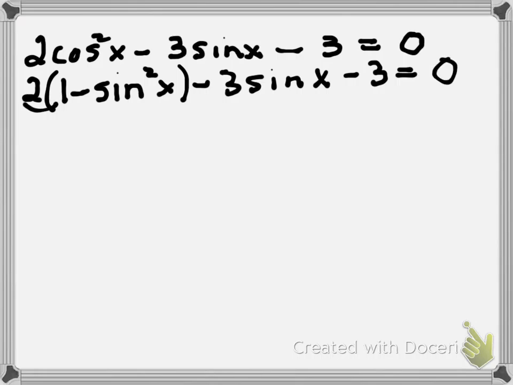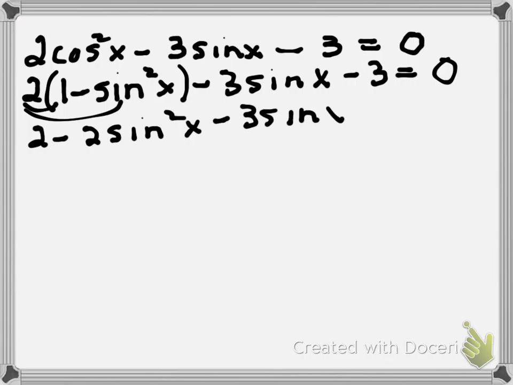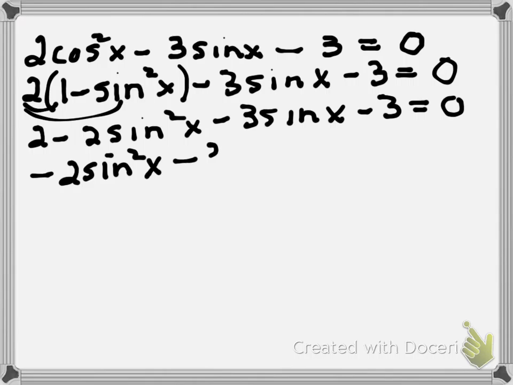And then I distribute the 2. 2 minus 2 sine squared x minus 3 sine x minus 3 equals 0. It's a quadratic equation. So now I have the quadratic term, negative 2 sine squared, the linear term, negative 3 sine x, and 2 minus 3 is negative 1.